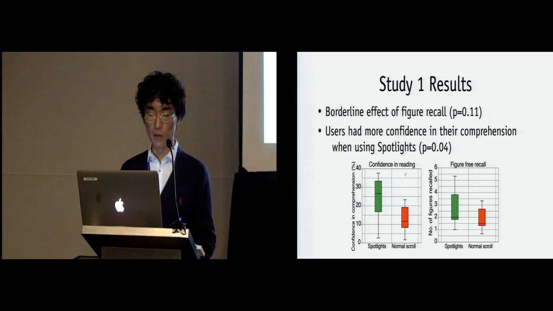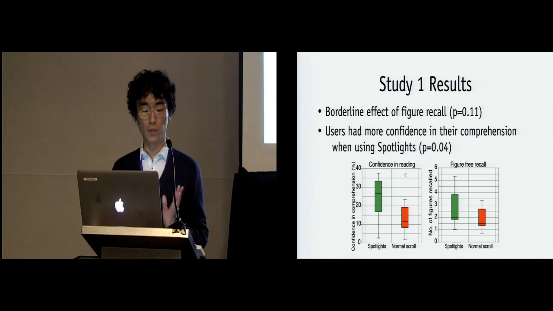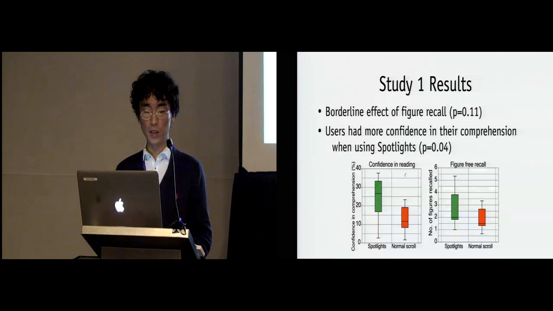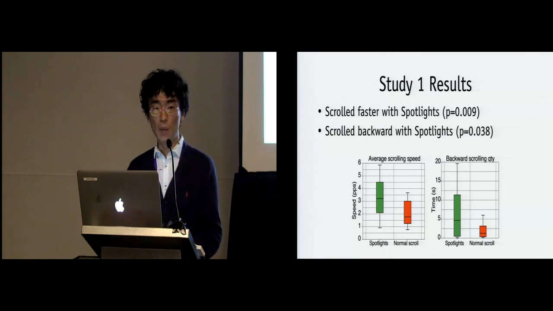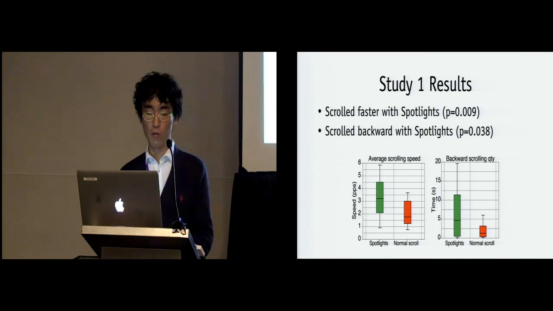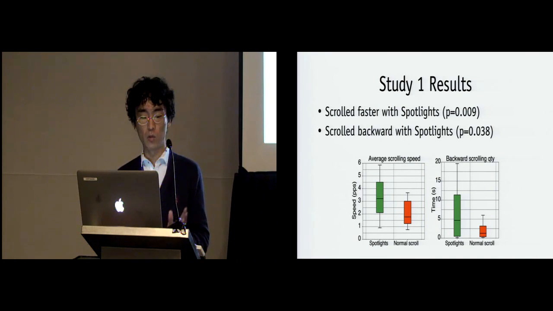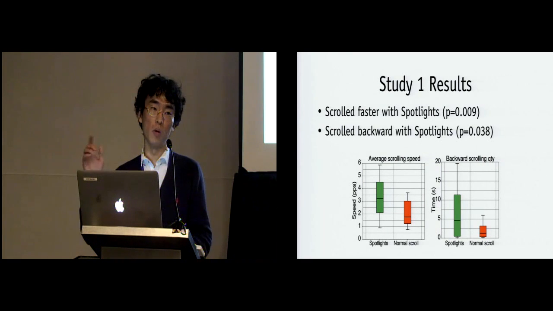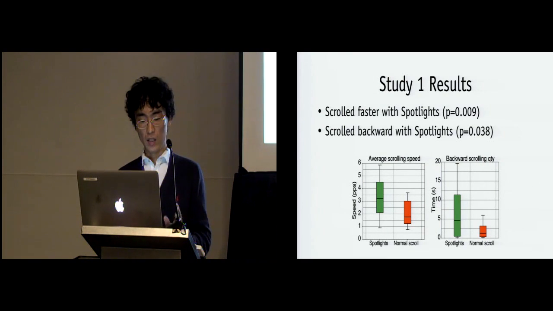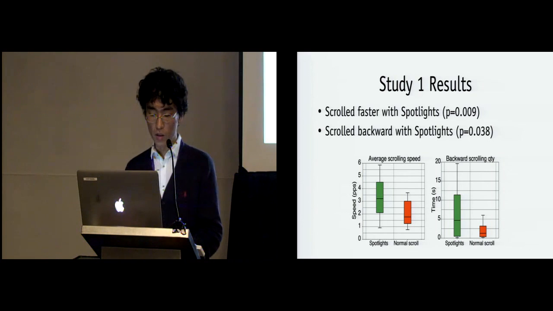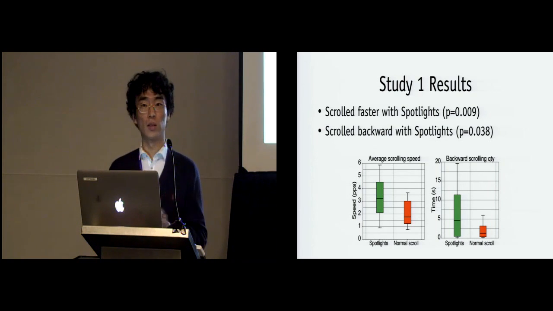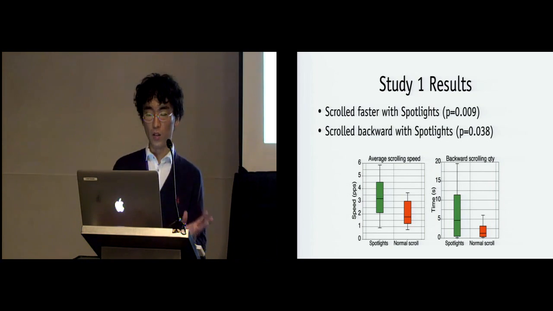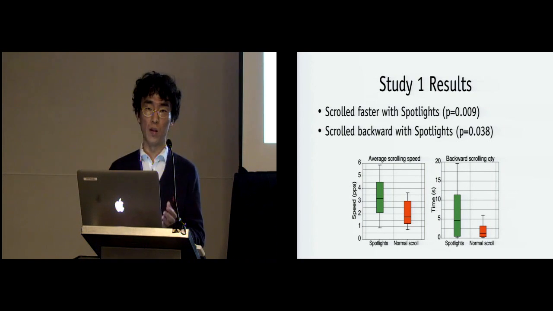From the result, we found that the participants expressed more confidence in their skim reading when using spotlights. And from the kinematics of the scrolling pattern, we found that the participants scrolled faster with spotlights, and they also used more backward scrolling than the normal scroll. This shows that they spotted more important objects from spotlights, and they can go back to the object to read it further.